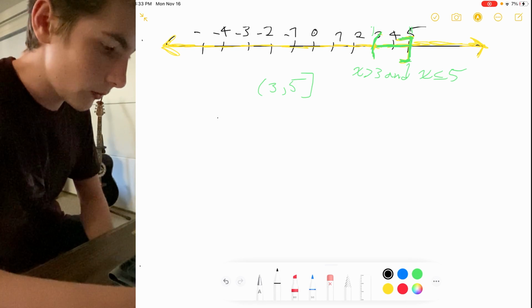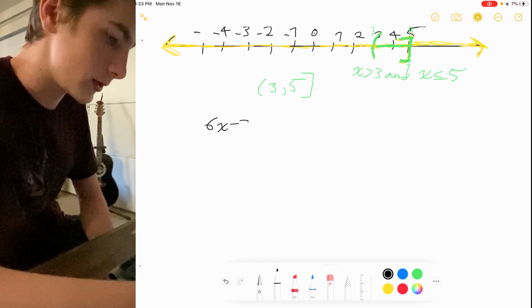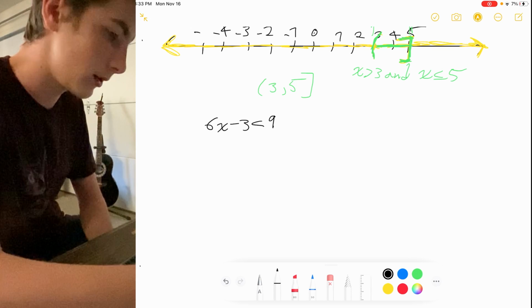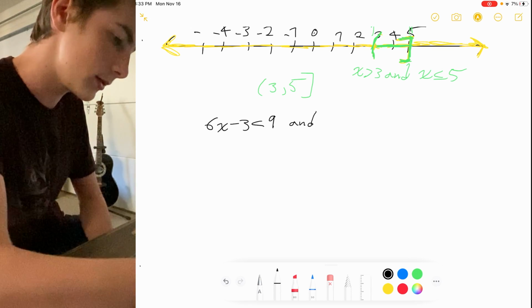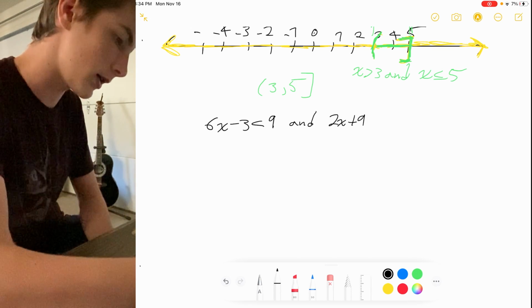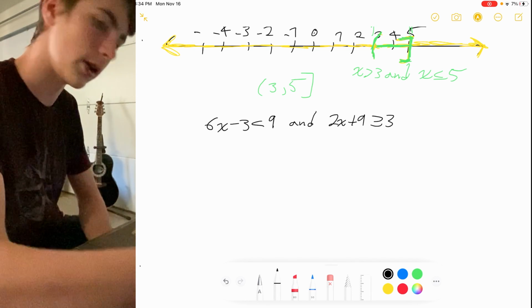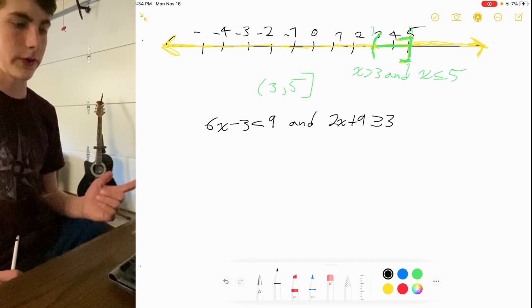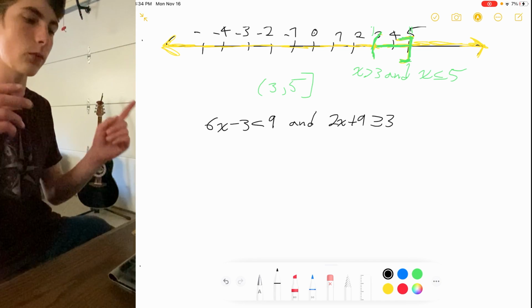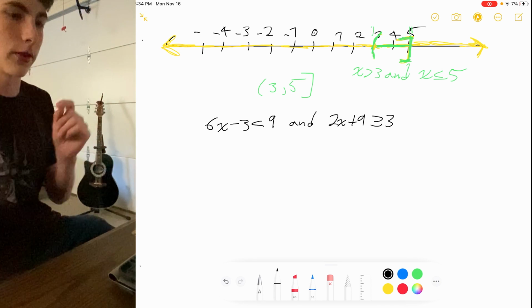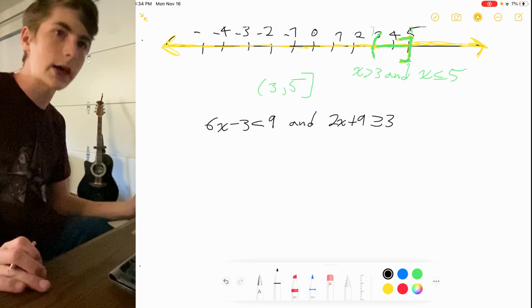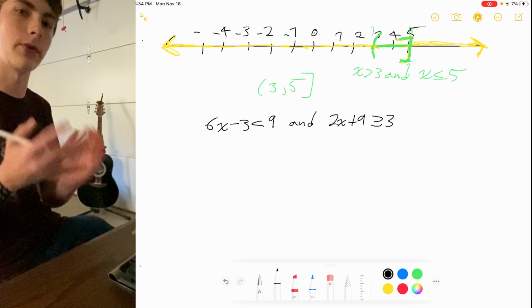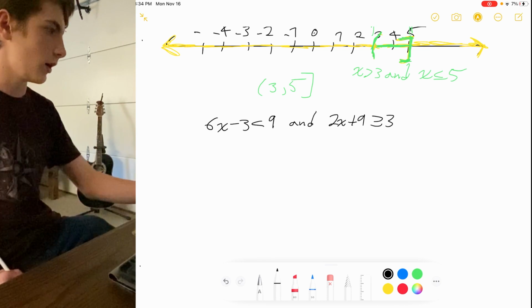So let's say we wanted to solve 6x minus 3 is less than 9, and 2x plus 9 is greater than or equal to 3. How would we solve that? So the way we would solve this is we would solve the first one, then we would solve the second one, and then we consider those two answers together, right?